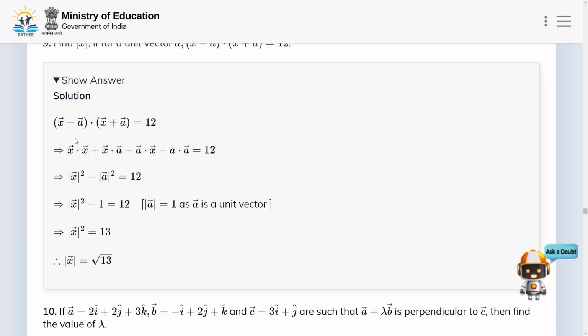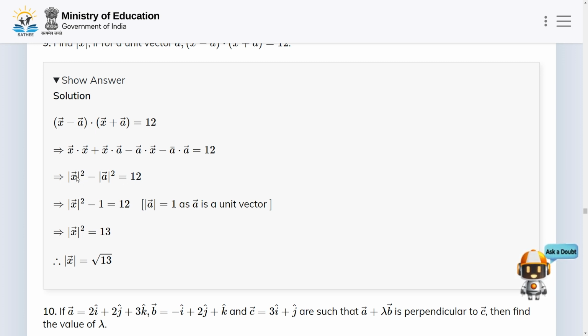So, let's see. X dot X, X dot A, A dot X, A dot A. This term is going to be the square of the magnitude of X, and this is going to be the square of the magnitude of A. The middle two terms cancel each other out. You will have the square of the magnitude of X minus the square of the magnitude of A equal to 12.